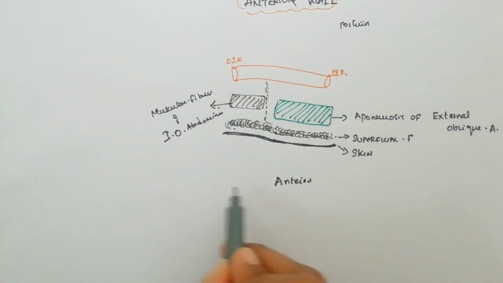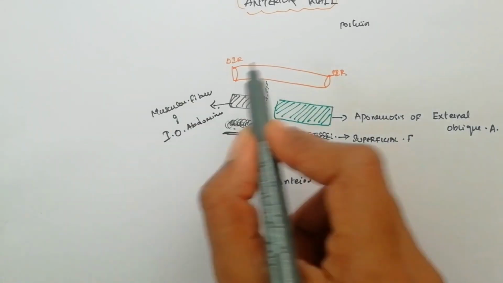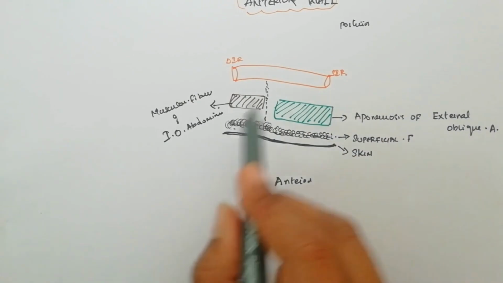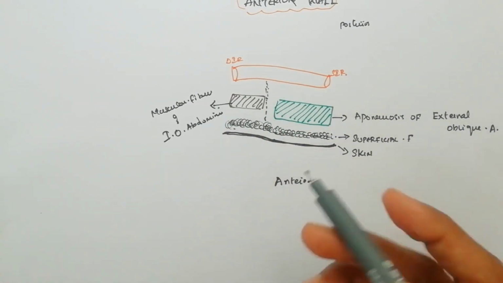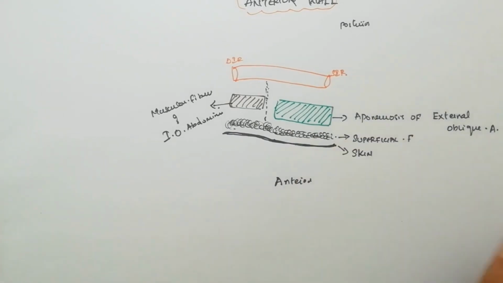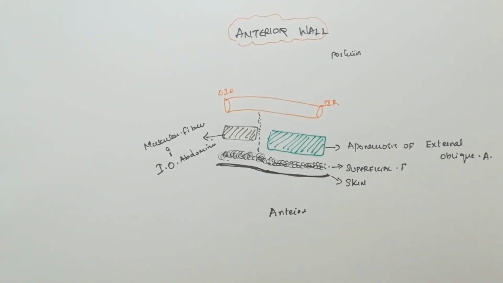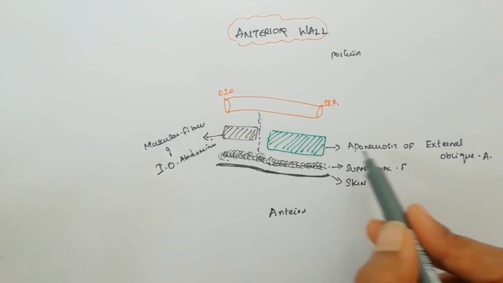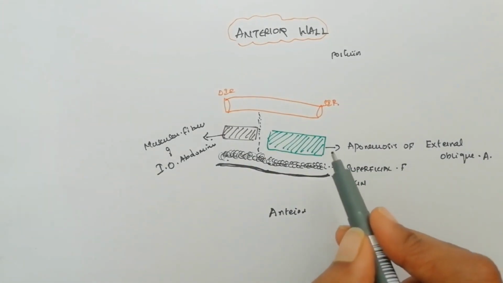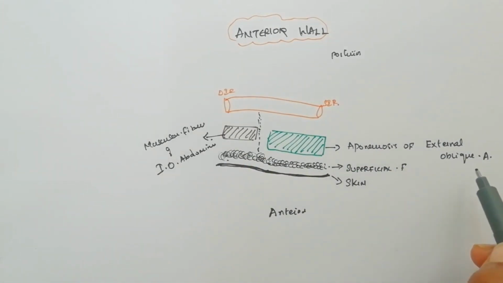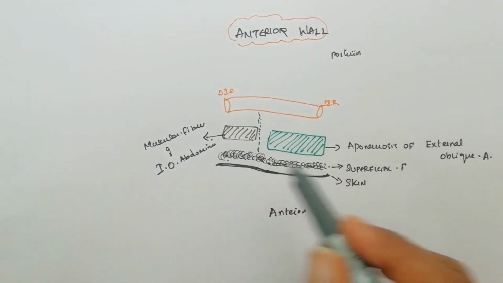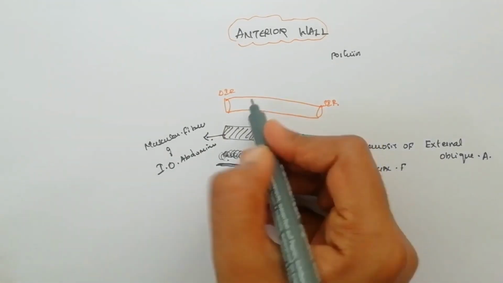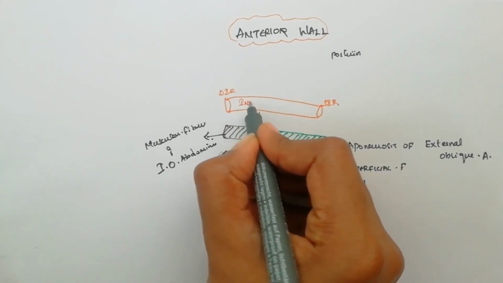So this is how the anterior wall of the inguinal canal is related. The anterior wall is contributed by skin, superficial fascia, and aponeurosis of external oblique abdominis in the medial aspect, and muscular fibers of internal oblique abdominis in the lateral aspect, and the canal you are seeing is the inguinal canal.